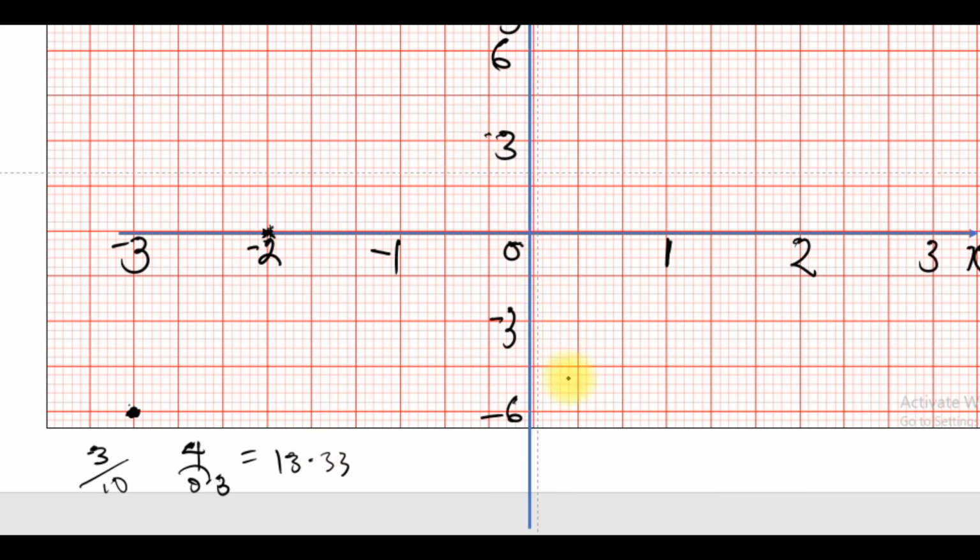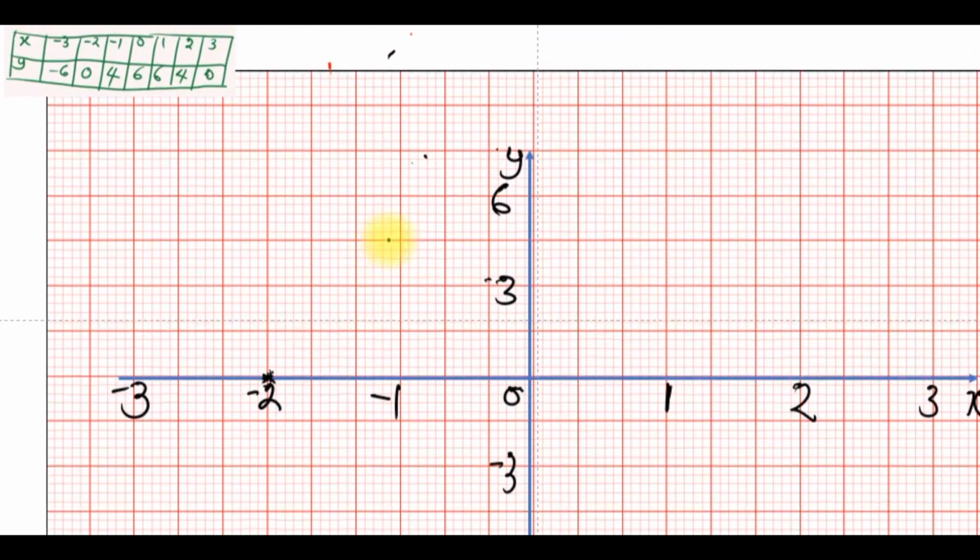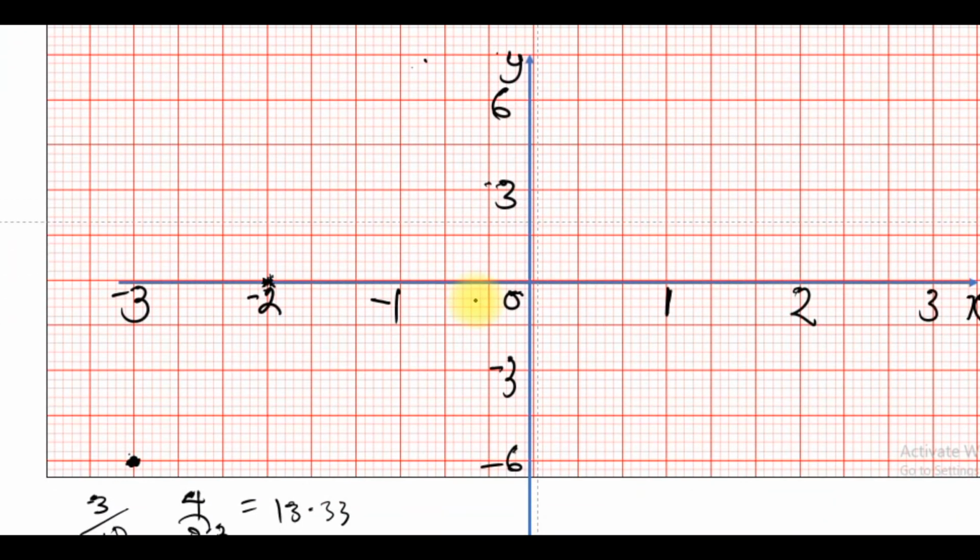So for me to locate 4, I need to divide 4 by 0.3. So if you check, when x is minus 1, I will count to 13 points. This is 5, 10, 11, 12, 13. So 13 should be here. 13 point something. So that's our 4.